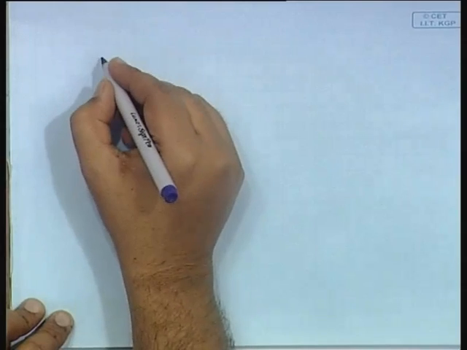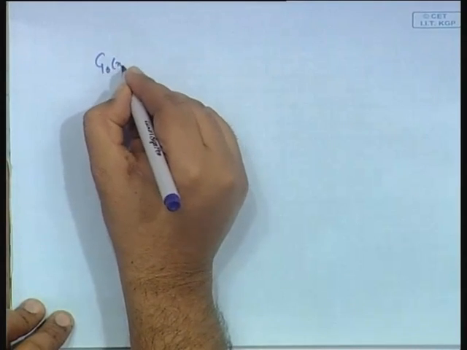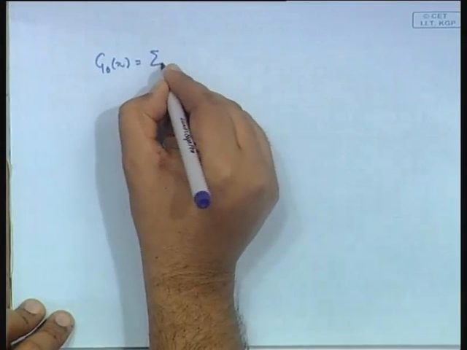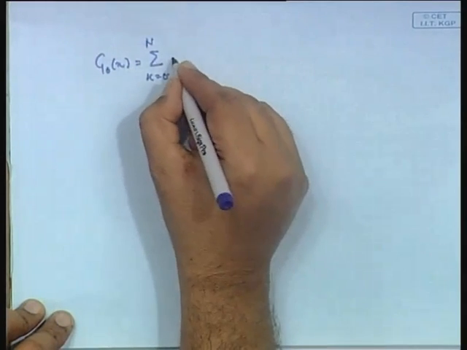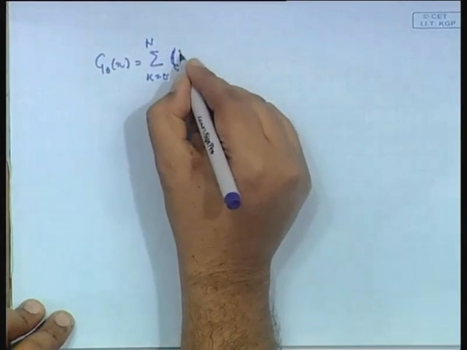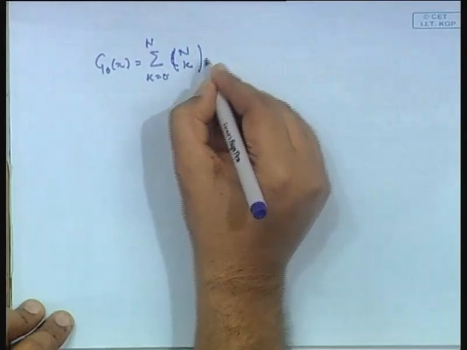Now let us come to specialized graphs and try to do this on a specialized graph. I am taking Poisson, a simple random graph.